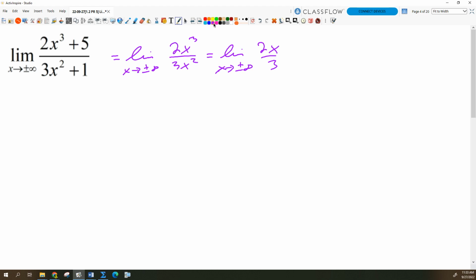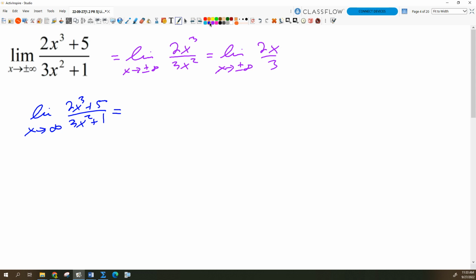In fact, we could say on this one, the limit of this function as x approaches positive infinity is going to be what? If I plug in positive infinity there, what am I going to get for my answer?